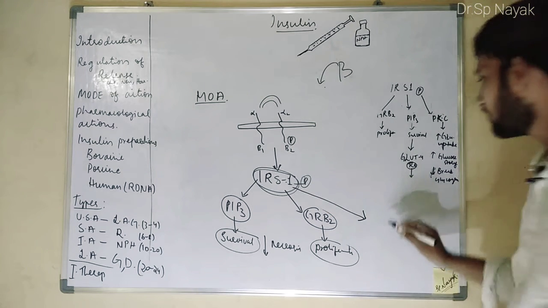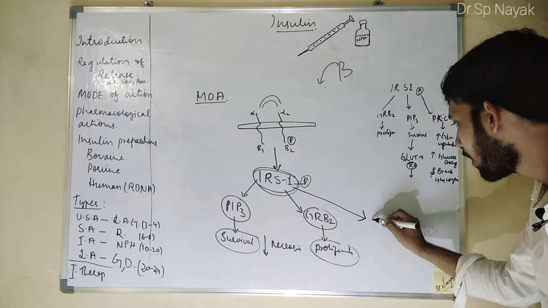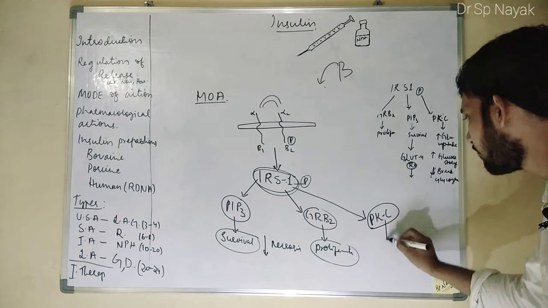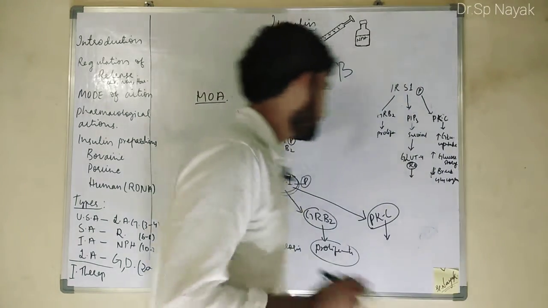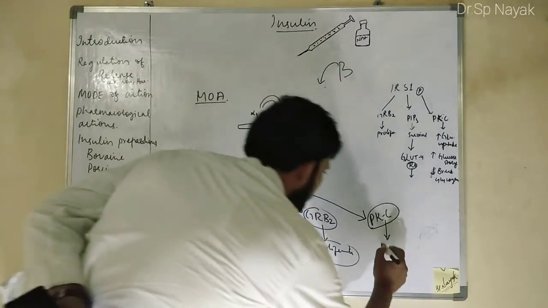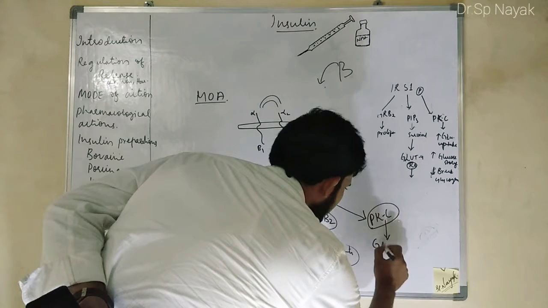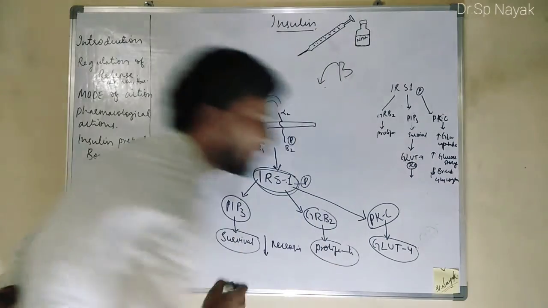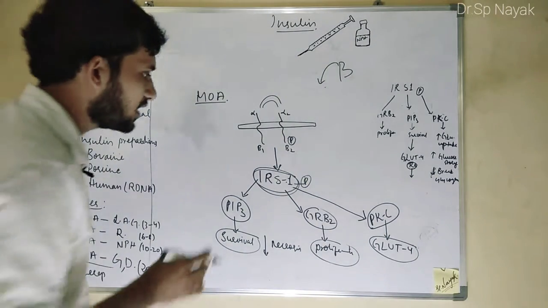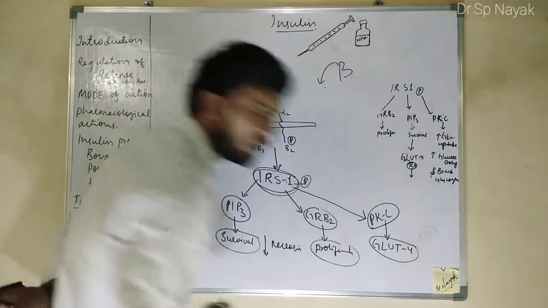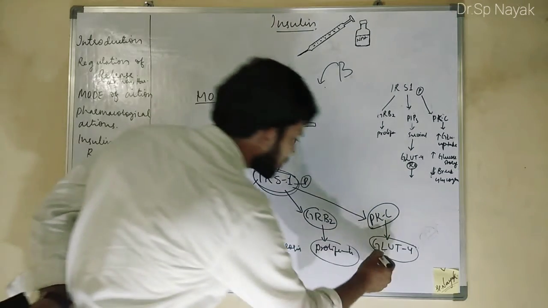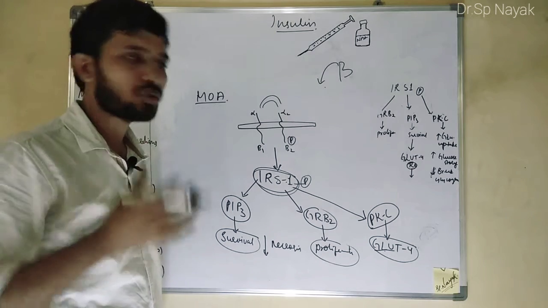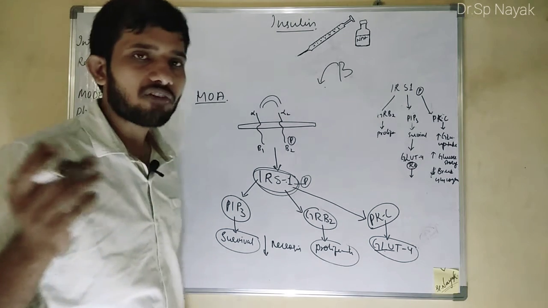And the next function of insulin is also activating protein kinase C. It increases protein kinase C, and further this increases the production of GLUT4. This is very, very important. So insulin helps in the production of GLUT4. GLUT4 is nothing but a glucose transporter. Every cell requires glucose transporters for the entry of glucose.